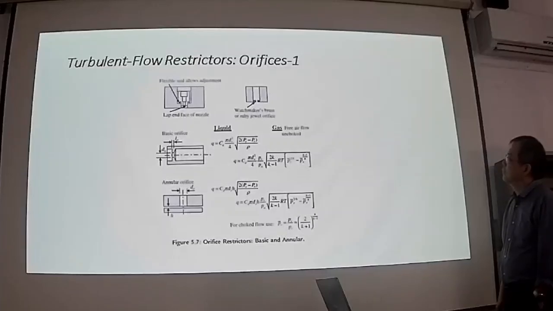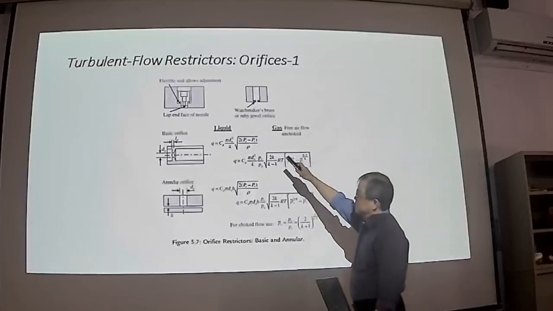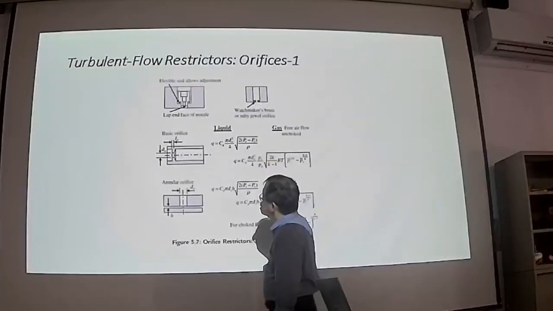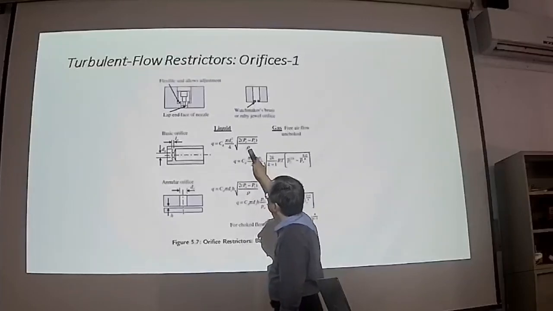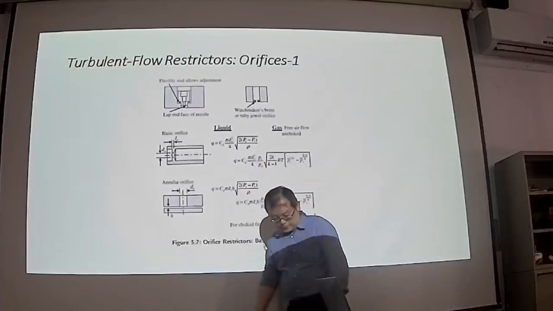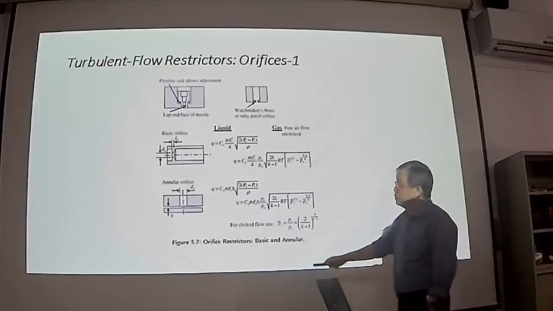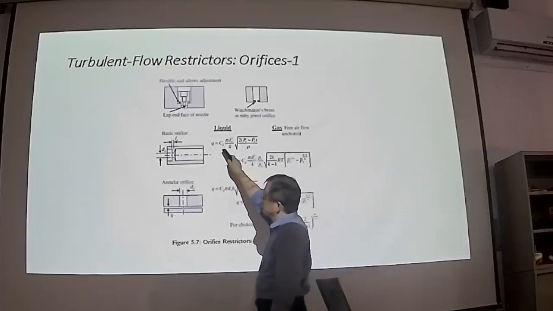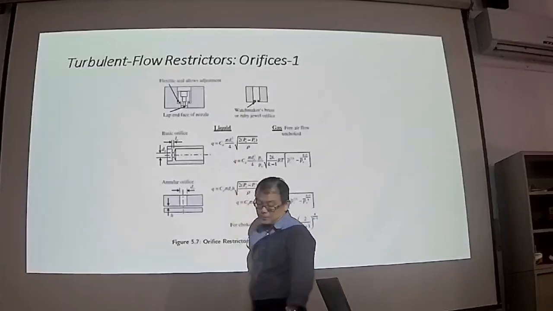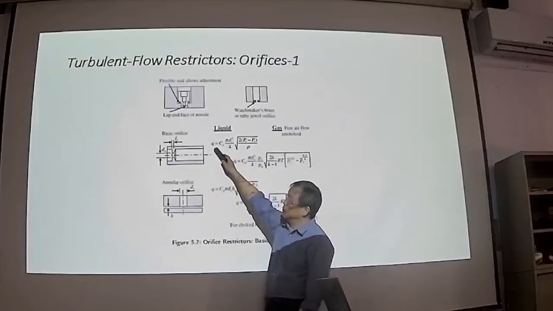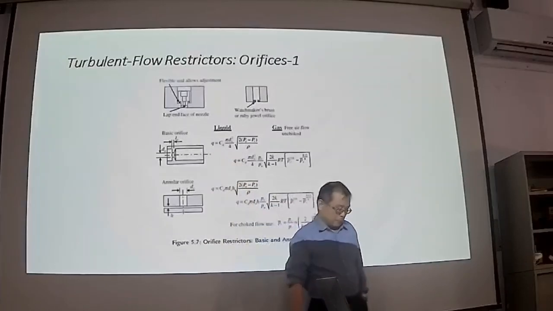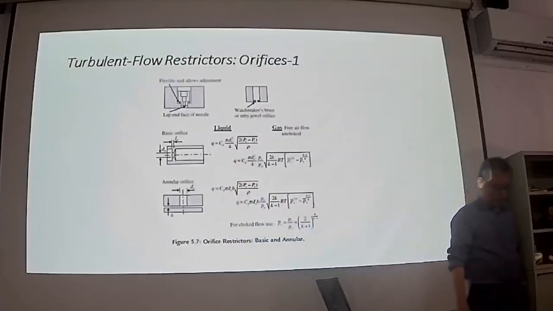In this case, we know the PS, we know the PR, and we know the density of the lubricant, and then we know the CD, the discharge coefficient, and we can calculate the volume flow rate of the orifice restrictor.